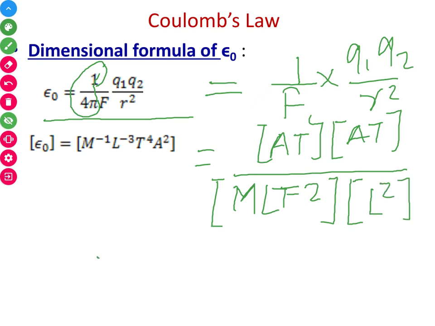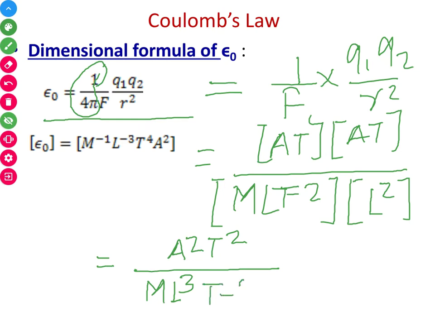So it becomes A square T square upon M L to the power 3 T to the power minus 2.